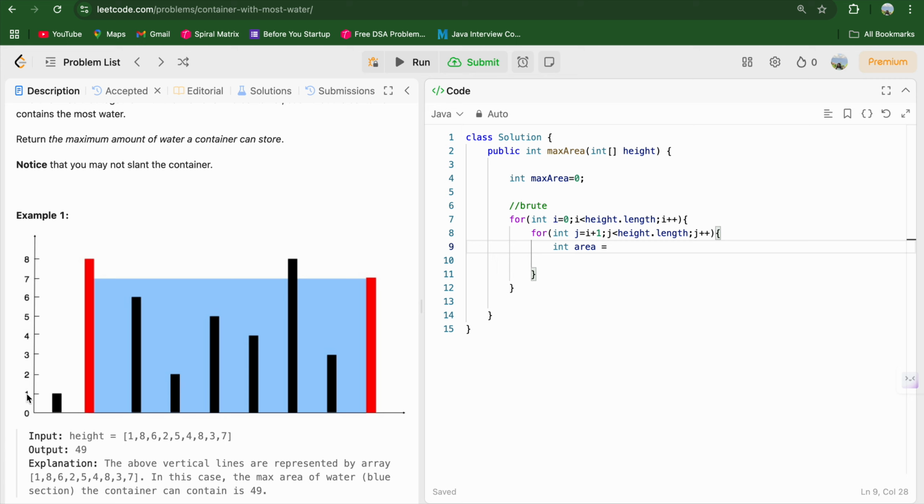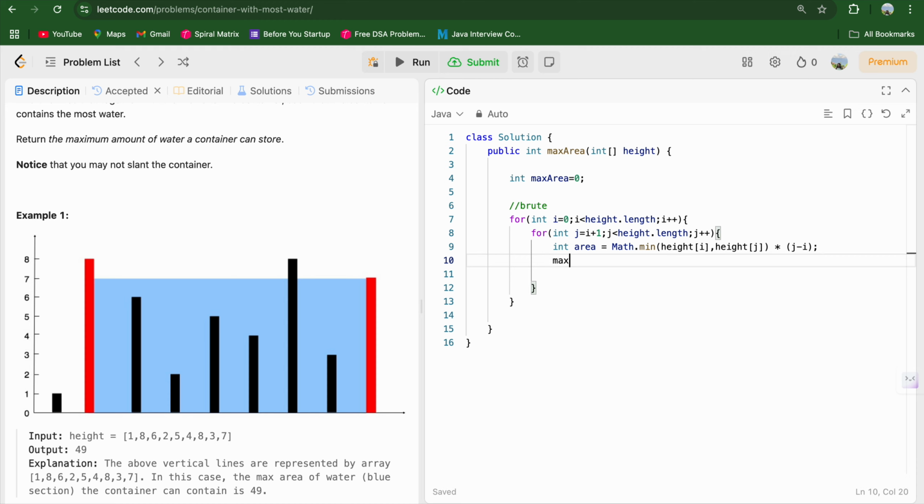Because this is what determines the level of water, and that is what we are interested in. So this is the height, and that needs to be multiplied by the breadth.